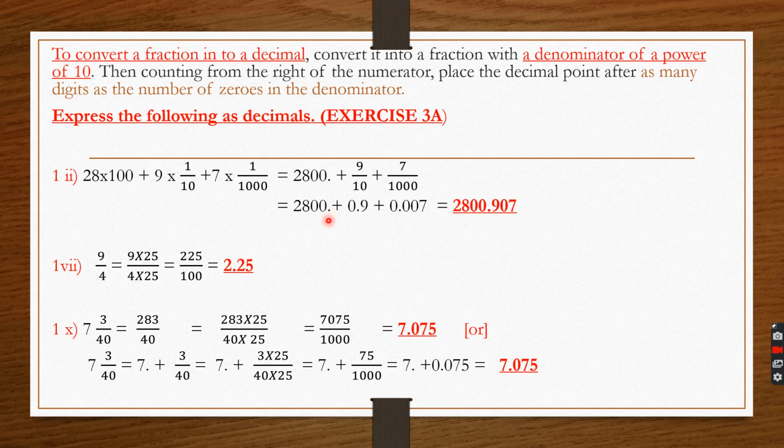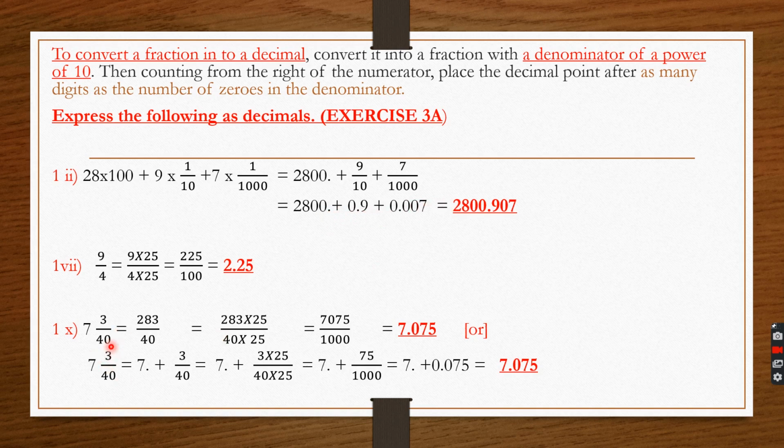That is 2800 plus 9 tenths plus 7 thousandths. When you add, keep the decimal together. See, this number is a whole number. After the whole number, we are putting the decimal. 2800.907.